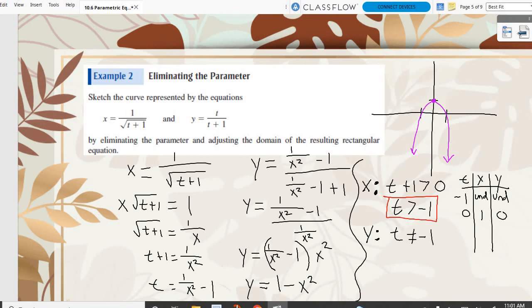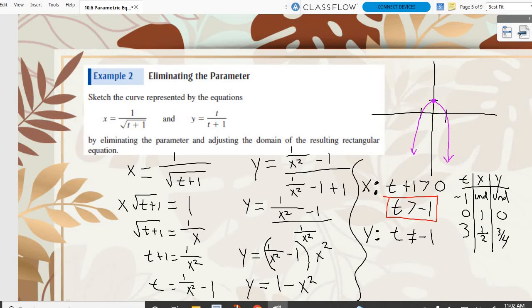A square root of 2, right? And that's going to be a really weird decimal, so probably don't want to plug in that. What's the next number that might be a little bit easier to plug in? 3. What would I get if I plug in 3? 1/2 for x and 3/4 for y. Yes? Okay.